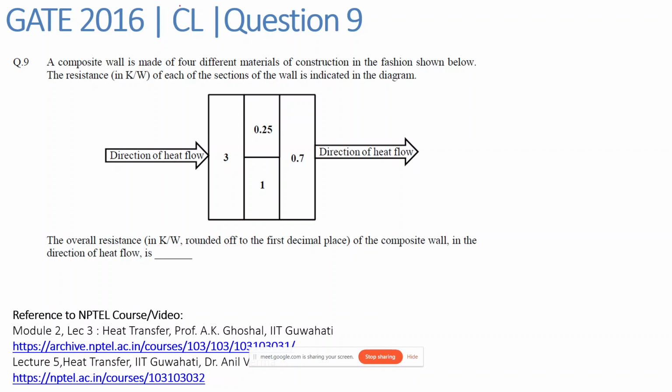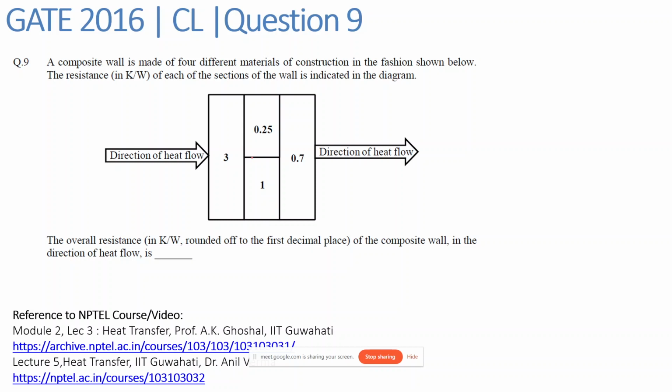This next question is from GATE 2016 paper, and the question is: a composite wall is made of 4 different materials of construction in the fashion shown below. The resistance of each section of the wall is indicated in the diagram. We are asked for the overall resistance of the composite wall in the direction of heat flow.